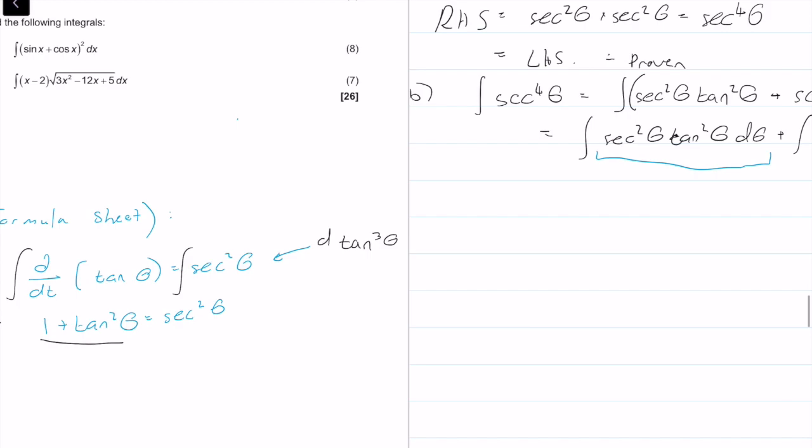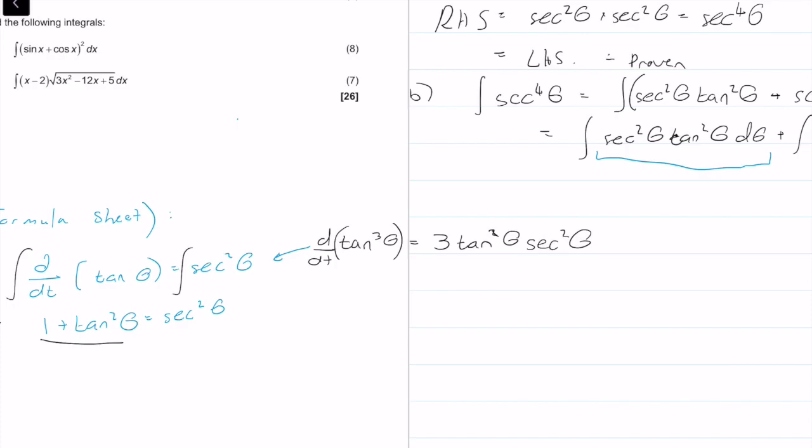If we differentiate tan cubed theta, we get from the chain rule 3 tan squared theta, and then we have to differentiate tan theta, and the derivative of tan theta is sec squared theta.